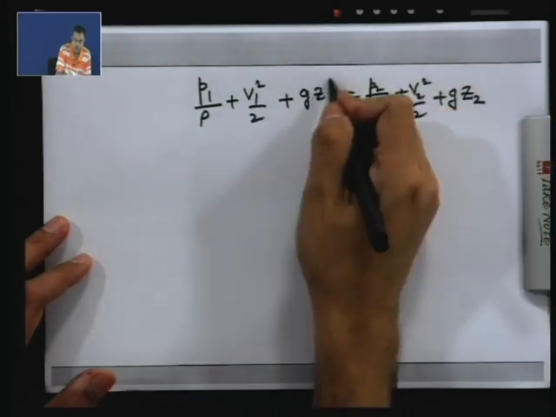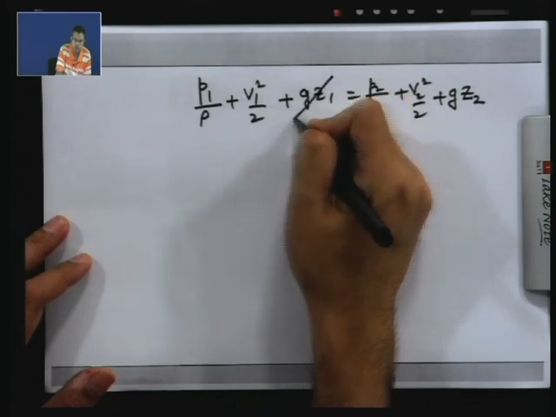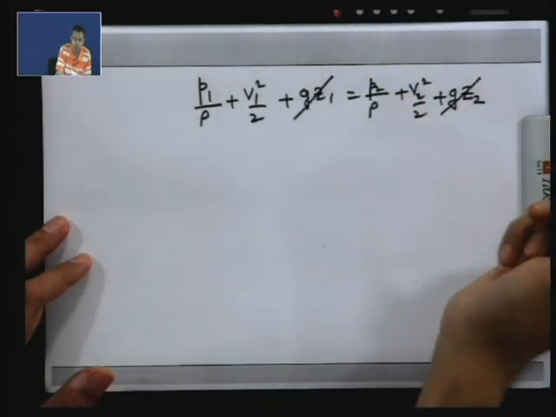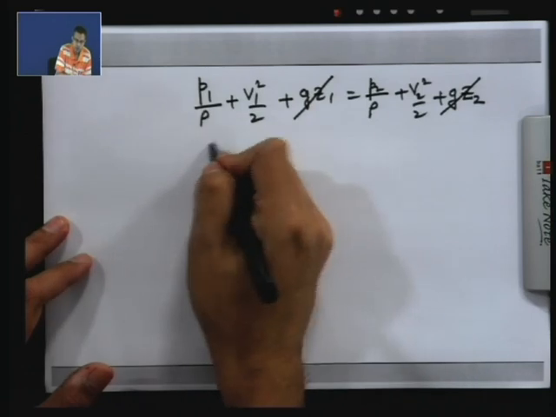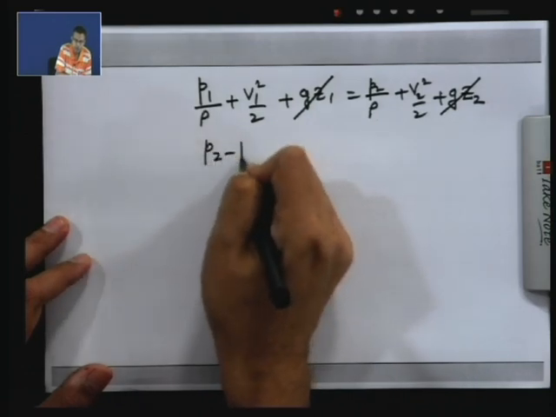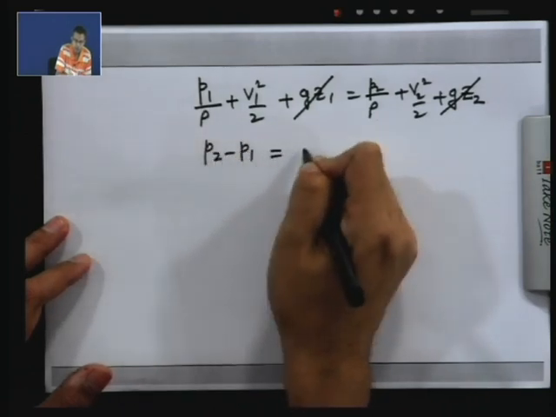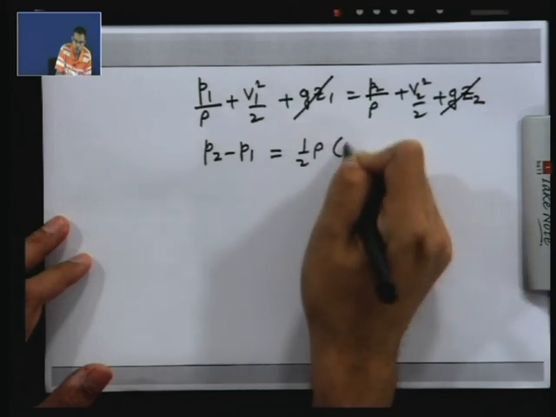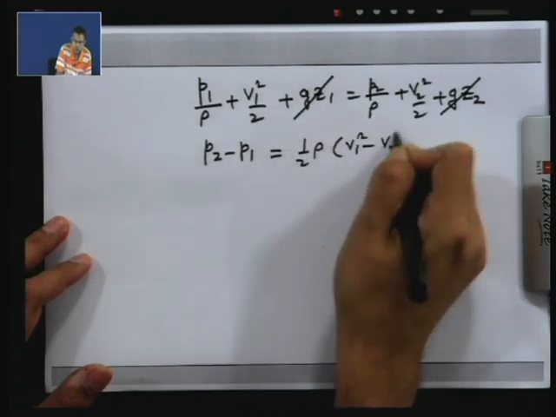Let us assume that there is negligible change in height between the points 1 and 2. So these terms get cancelled out. So P2 minus P1 is equal to half rho (V1 square minus V2 square).